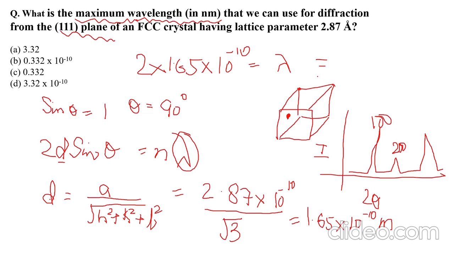Option D. Option D or option C? Because we have to calculate it in nanometers, right? So what is the right option? The right option is C, which is 0.332 nanometers.